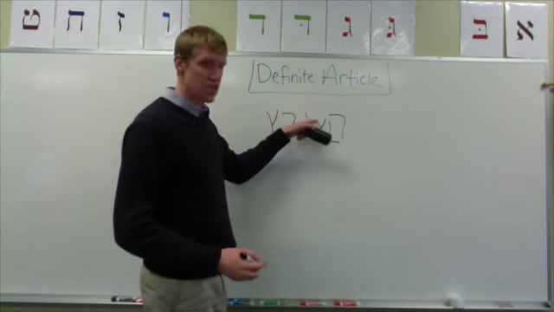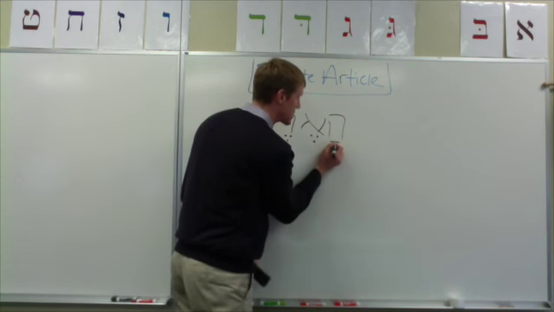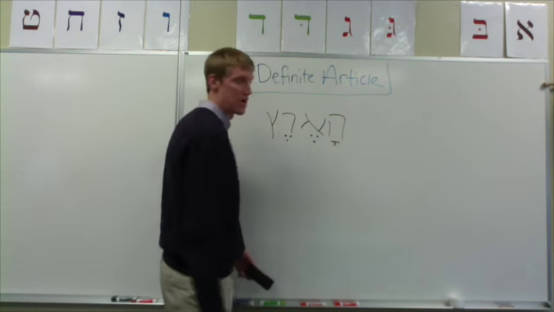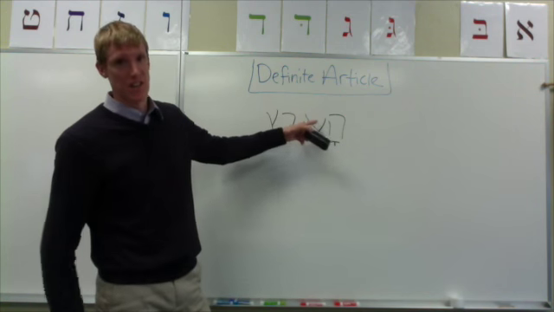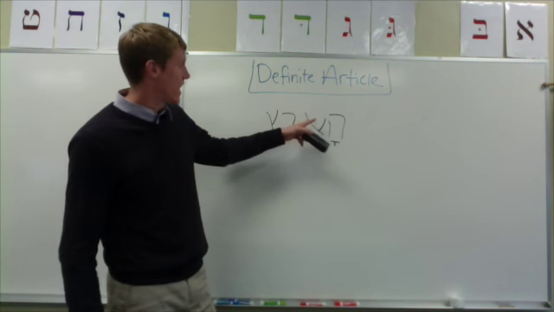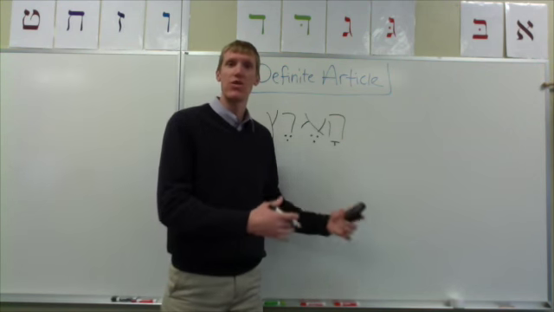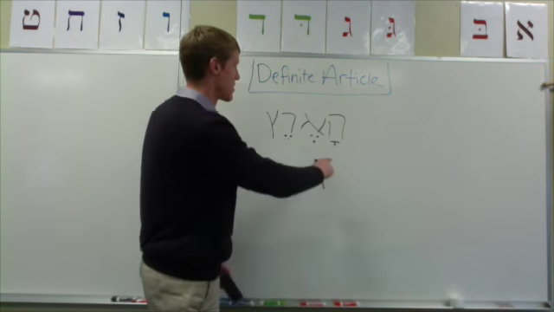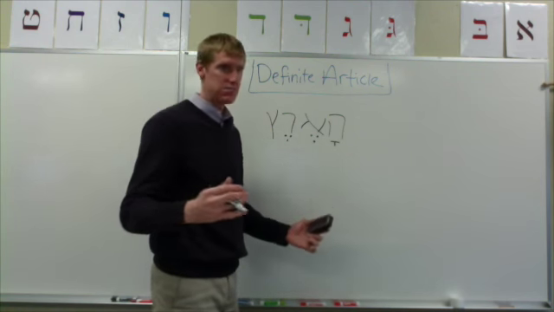So the dagesh goes to the patach's house and lengthens it into a kamatz. So when a dagesh forte is rejected, what happens is compensatory lengthening. The previous vowel compensates by lengthening.